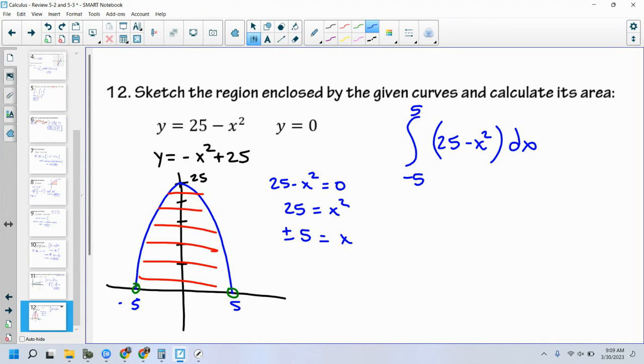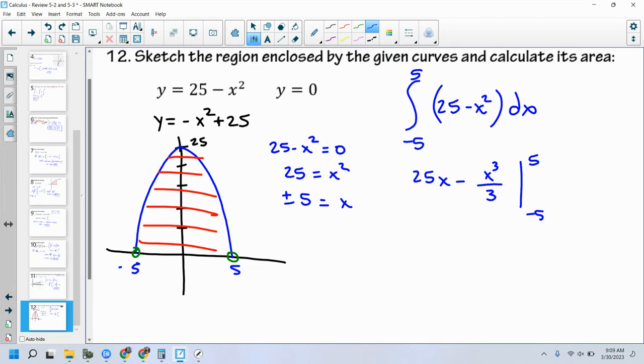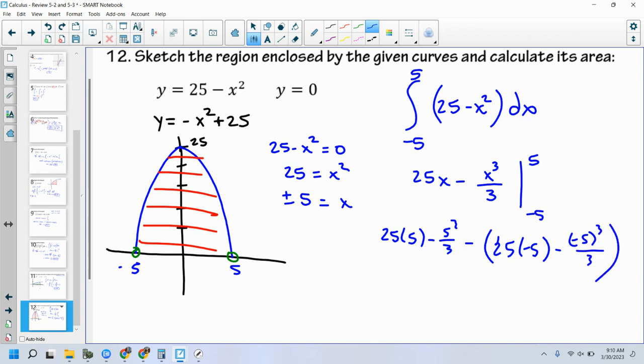And now we find the antiderivative. 25 turns into 25x minus x cubed over 3 from negative 5 to 5. Then we plug in top minus bottom. 25 times 5 minus 5 to the third over 3, minus the big chunk of 25 times negative 5 minus negative 5 to the third over 3.